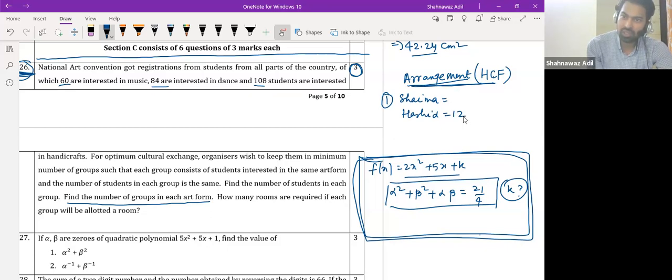So you see, Shaima, that this 12 can divide 60, 12 can divide 84, 12 can divide 108. So this is a common factor, right? So Shaima, please check your calculation. And Amar and Aisha, what are you getting? Yes, sir, the HCF is 12. Good.